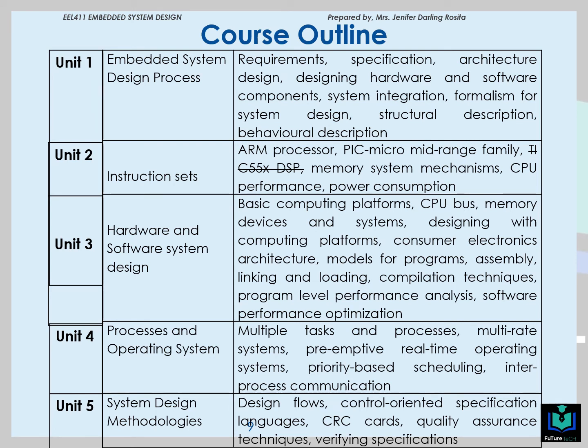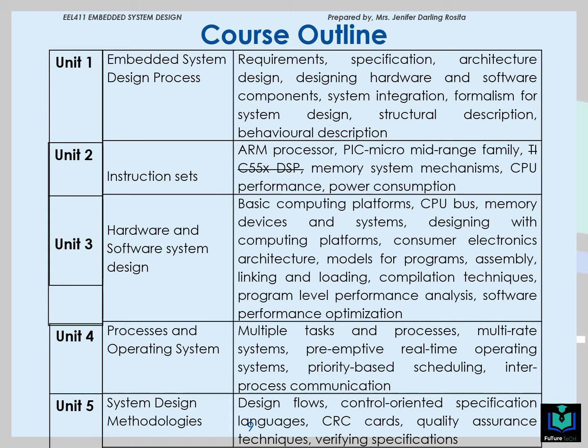It may be a schematic, it may be a reflection of some software types, but still you can make use of it for coming up with schematics which are useful for designing a particular process. So all those things will be covered under unit 1, that is embedded system design process.